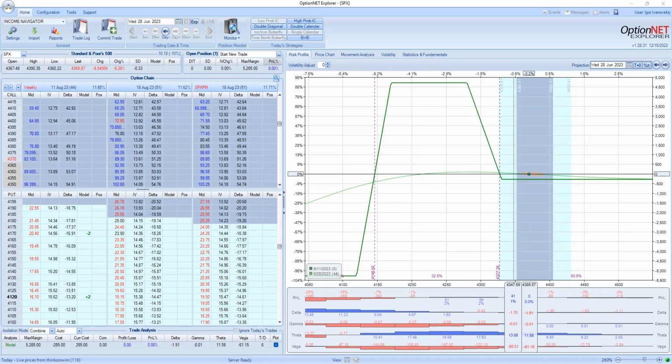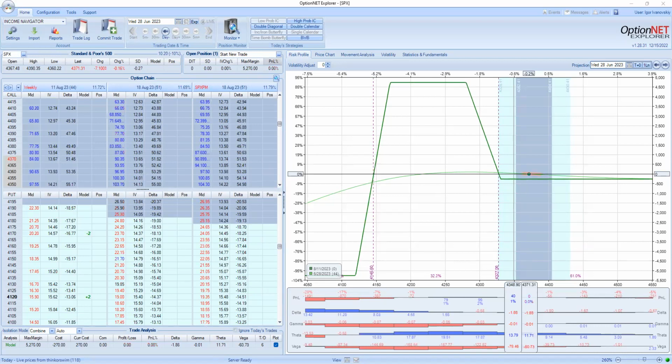You don't want to have more than a third of your overall account tied up in any one trade, even though you're not risking that $5,280. You want to have some dry powder, because you don't know if you may need additional cash to make adjustments that may be net debits, and they'll require additional capital.